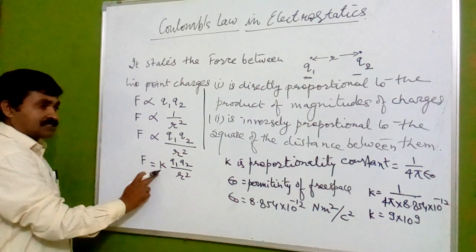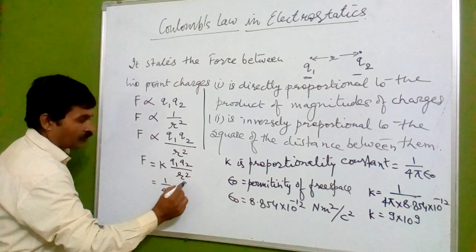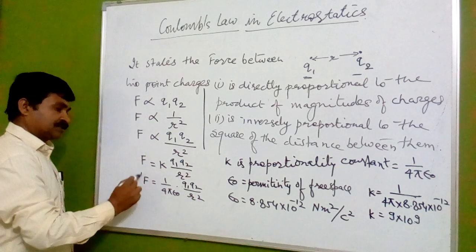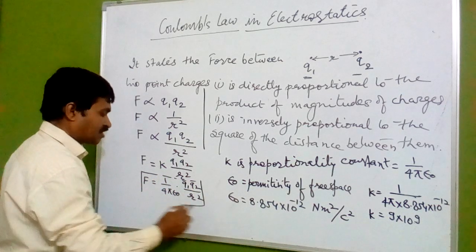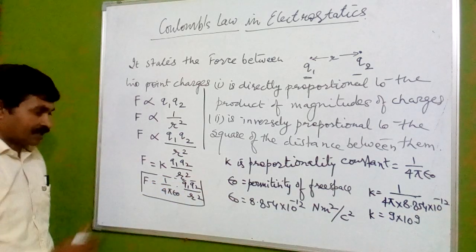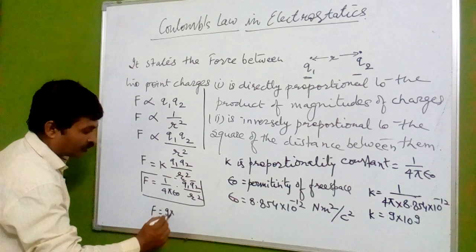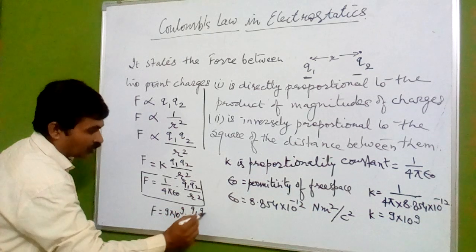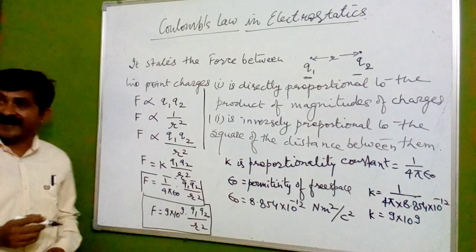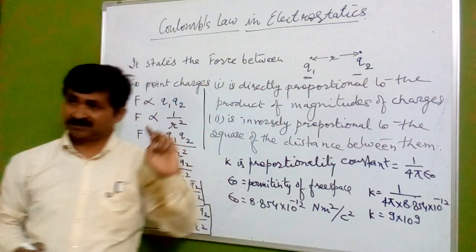So we can write either 1 upon 4 pi epsilon naught into Q1 Q2 upon r square, which is the force exerted by these charges in magnitude, or in other way, F equals 9 into 10 raised to the power 9 Q1 Q2 upon r square. So this is the force which is acting between these charges.